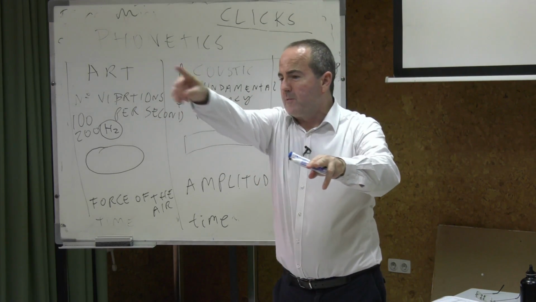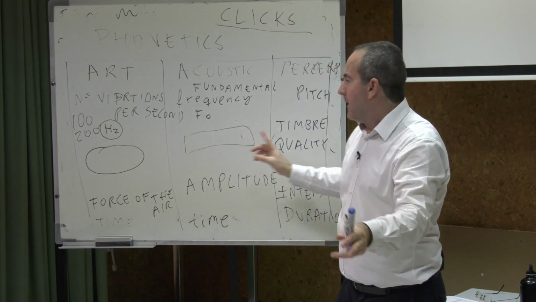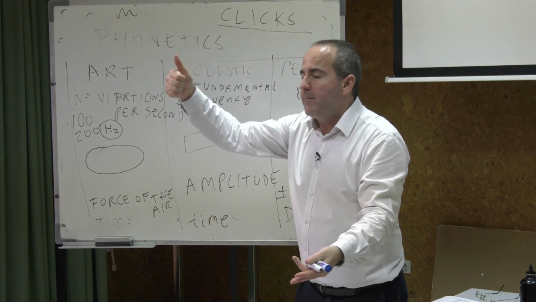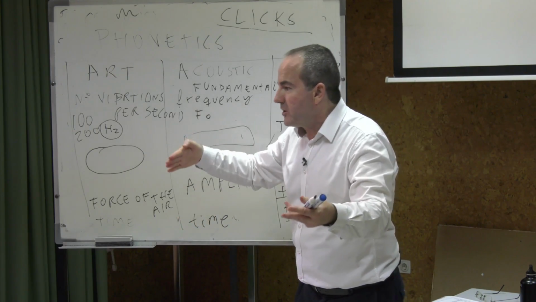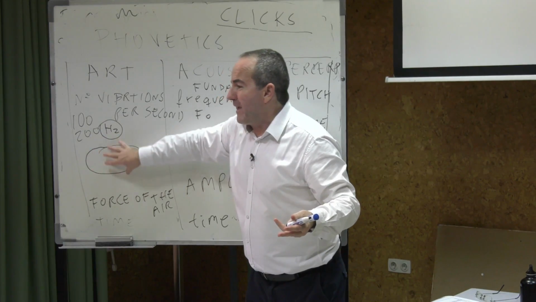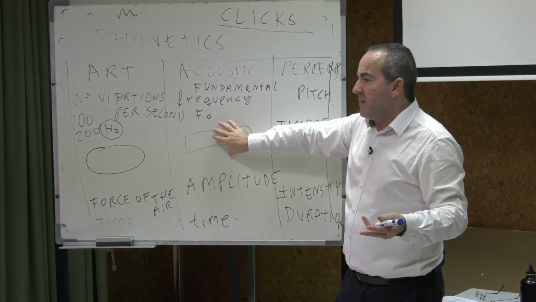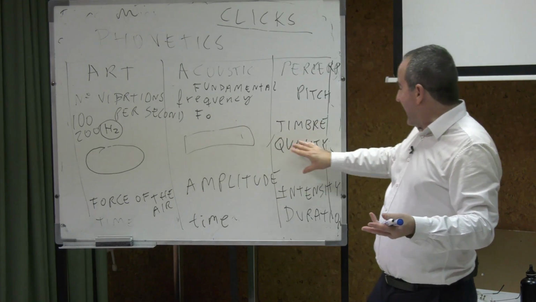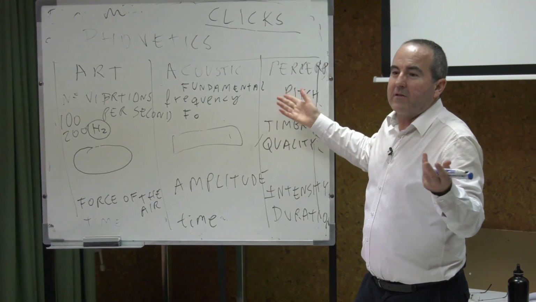Also, each person has a particular voice quality that makes us unique, okay? Well, the same happens to the sounds that we are producing. E is different from U, different from A, different from sh, f. Because how we put our articulators is different, the kind of energy, the kind of acoustic wave that we produce is different, and the kind of quality or timbre is also different, okay?